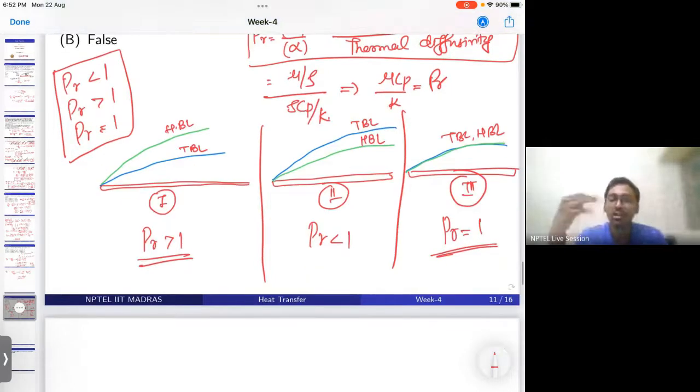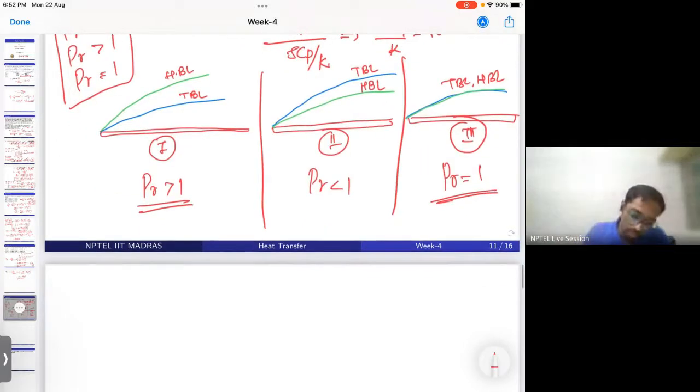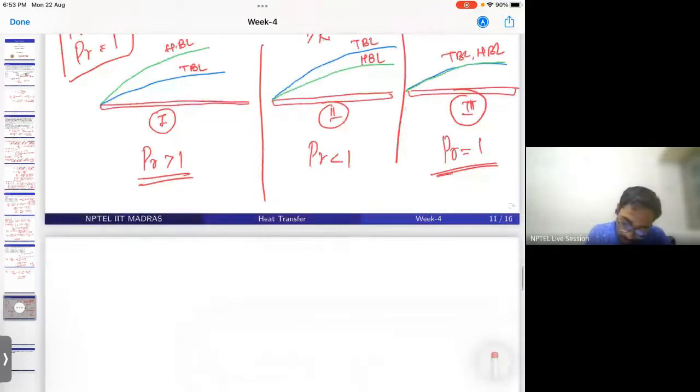We will discuss this in detail in the coming classes. Just to give some examples, when the Prandtl number is very much less than 1, it's liquid metals.